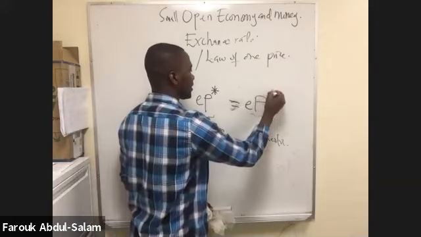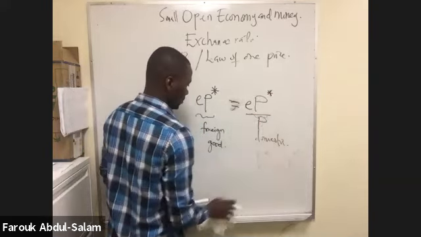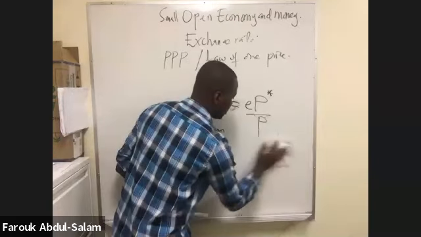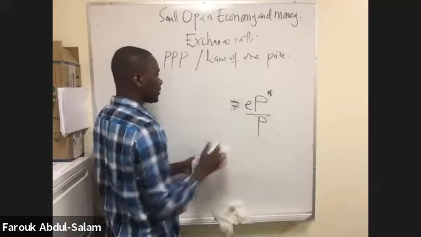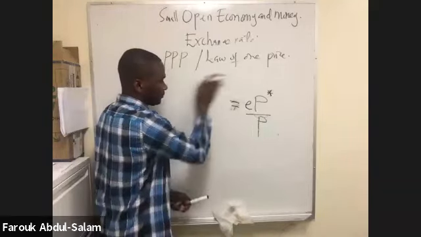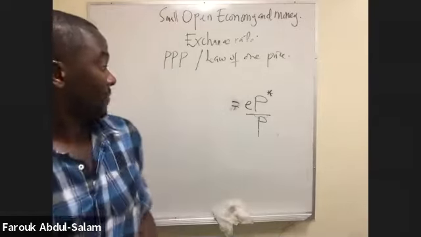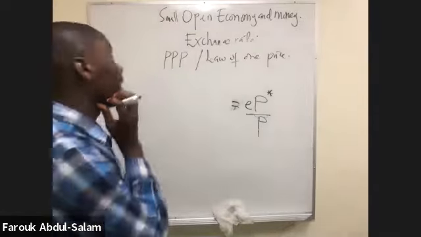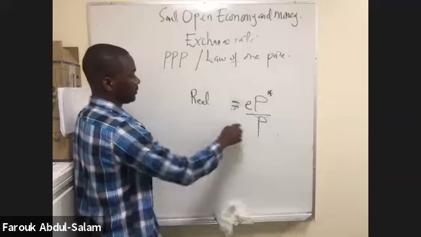So I have this guy here, P star, divided by P. Anyone to remind us what this formula is? What's this formula, please? Exactly. Real exchange. Yeah. So this is the real exchange rate, right?